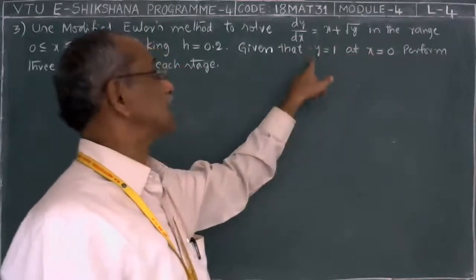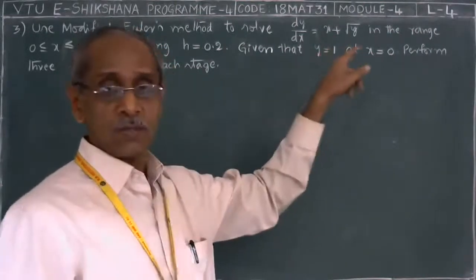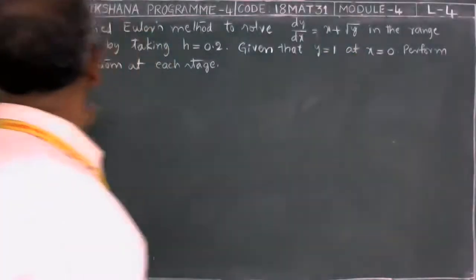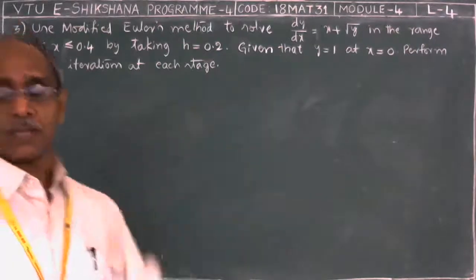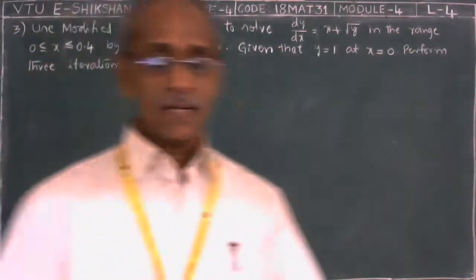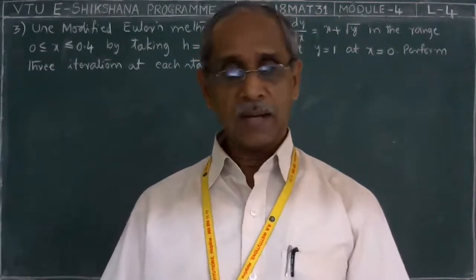So this is the initial condition, y of 0 is equal to 1. Perform 3 iterations at each stage. So we have to consider 3 iterations at each stage of y1 and y2.